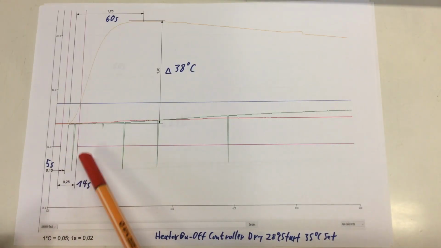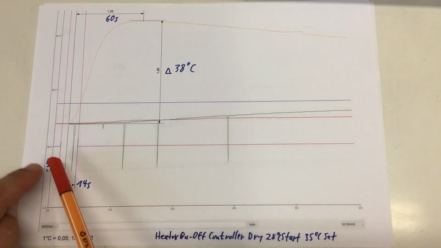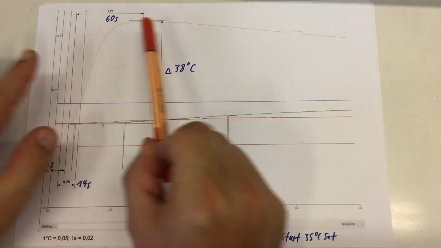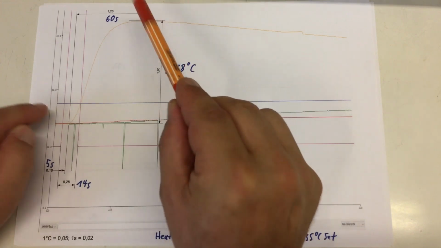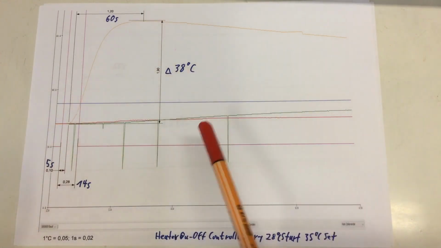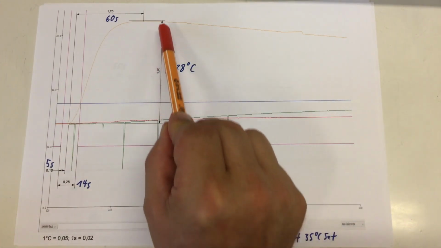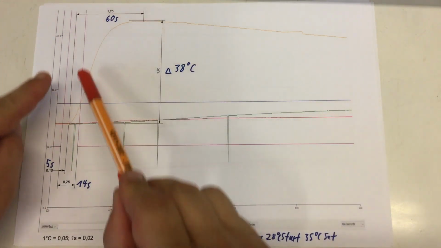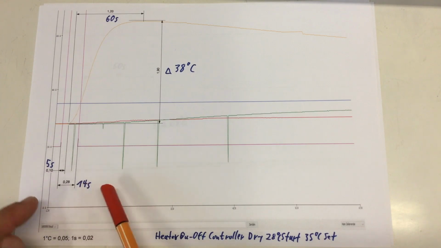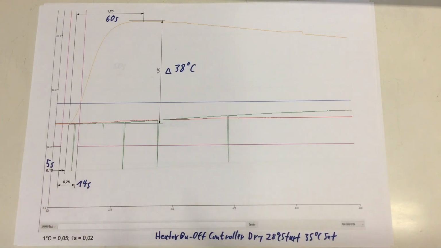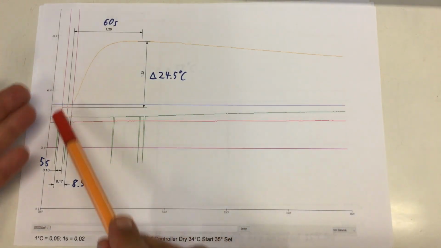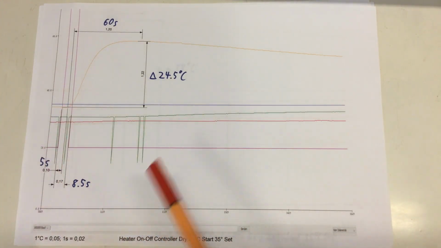On the second run, we got again a dead time of 5 seconds, and again it took about 60 seconds until we reached the maximum temperature. And this time we increased the temperature by 38 degrees C, and our heating element was on for about 14 seconds. On the third run, again, dead time 5 seconds.